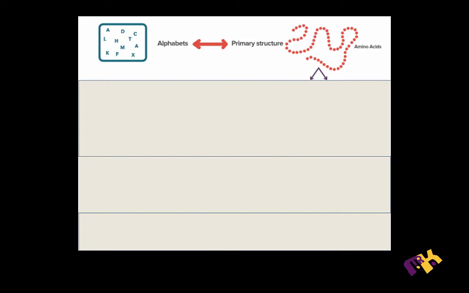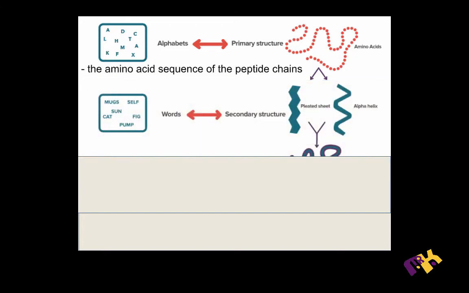Now, the analogy is it's like the letters of the alphabet. We put all these letters together in a certain sequence, and some of these letter sequences actually seem to make words for us. That's what happens with these polypeptide chains. Certain sequences will want to start to form into straight, flat sheets, and some of them will want to wrap up in a spiral like a helix, as this thing's being built.